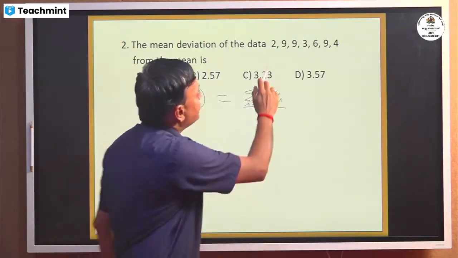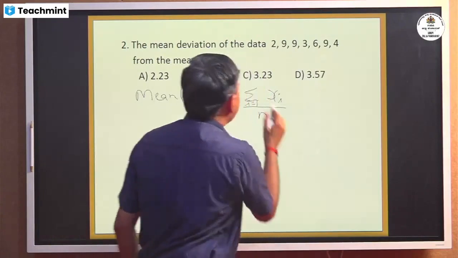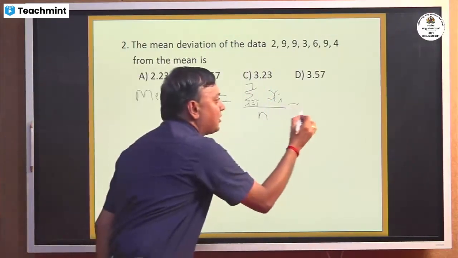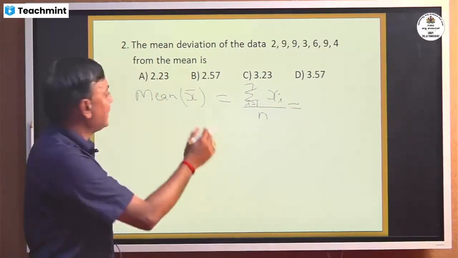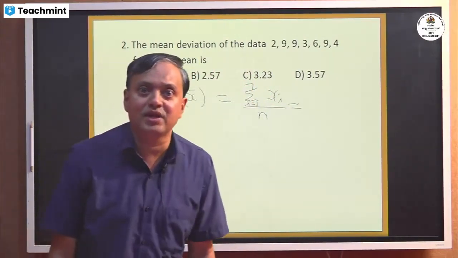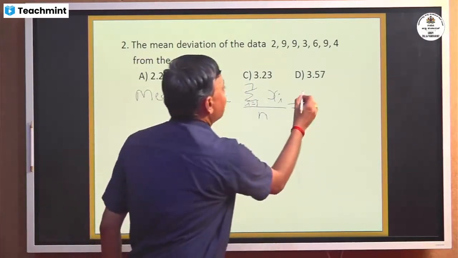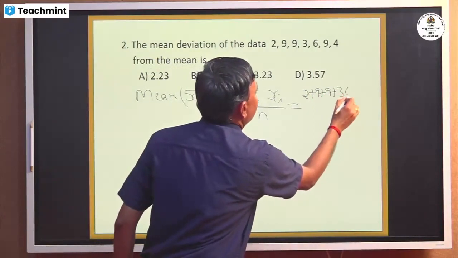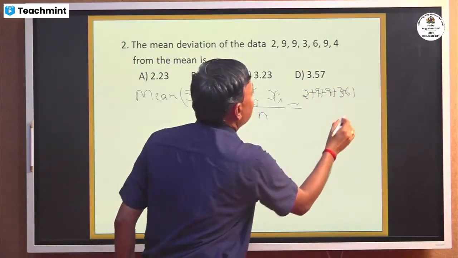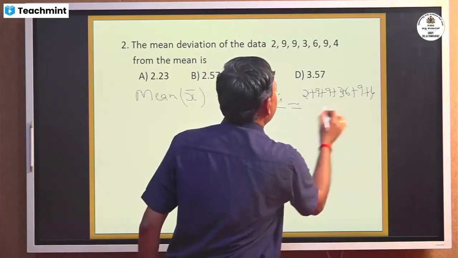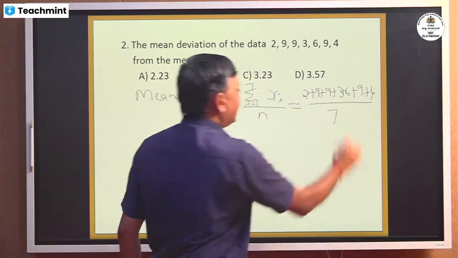Here the number of observations, the number of data, is 7. Sigma xi means the sum of the observations, sum of the data. Here the sum of the data: 2 plus 9 plus 9 plus 3 plus 6 plus 3 plus 6 plus 9 plus 4, divided by the number of observations, here 7.